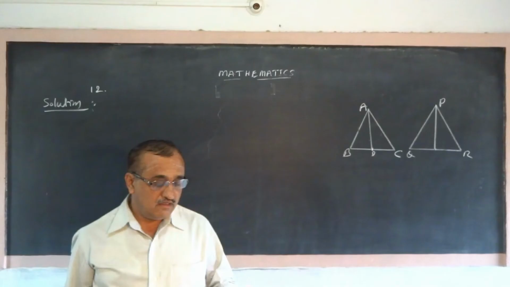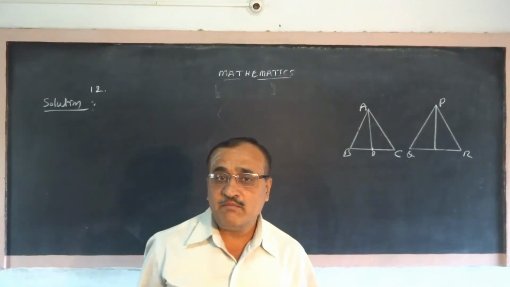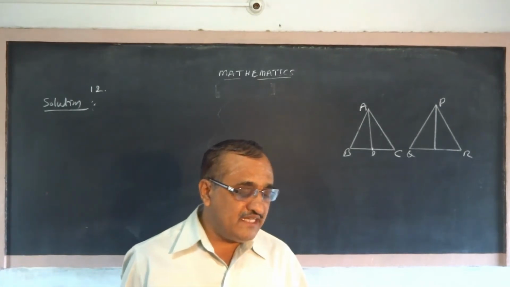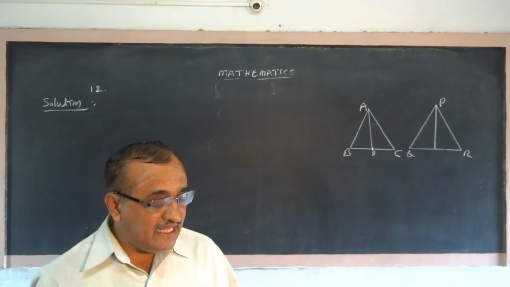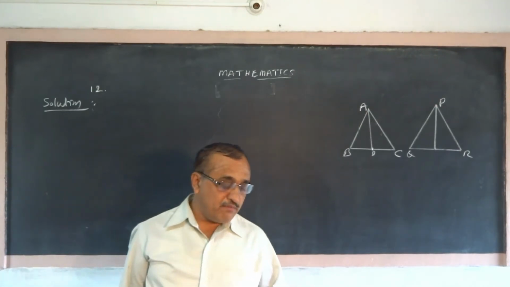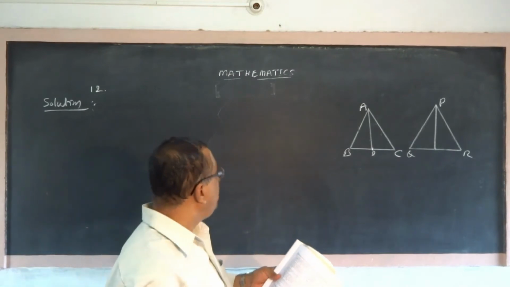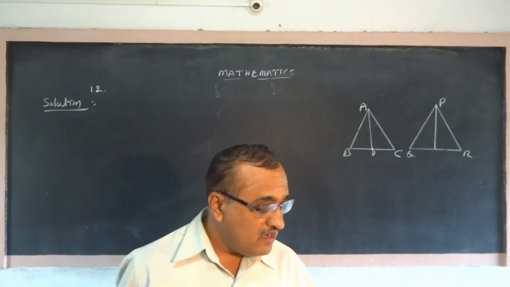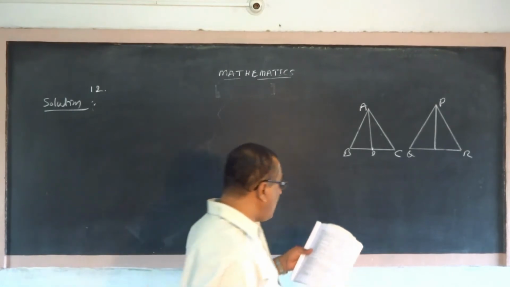What does problem number 12 say? Sides AB and BC and median AD of a triangle ABC are respectively proportional to sides PQ and QR and median PM of triangle PQR.